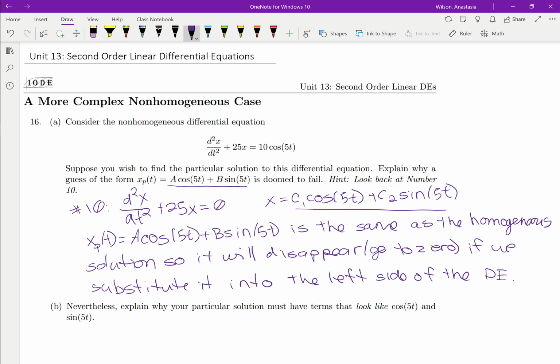So that means that we won't be able to pick this as a particular solution. So that's definitely a little bit more complex than what we've seen before.